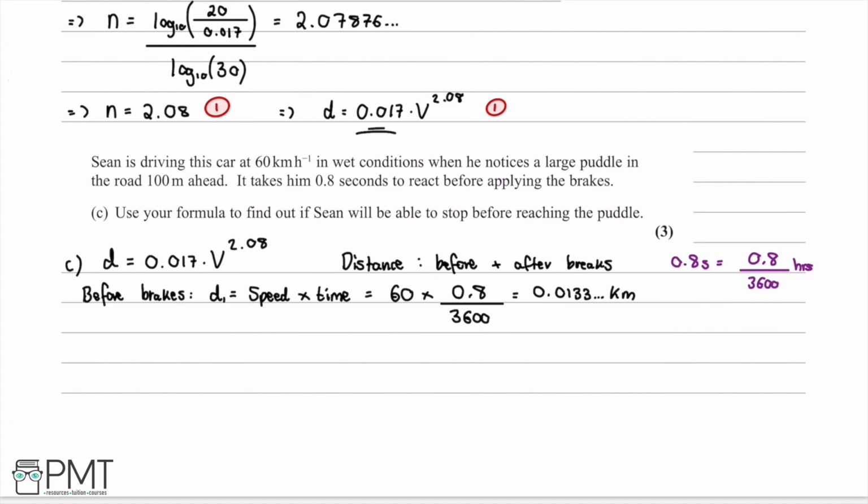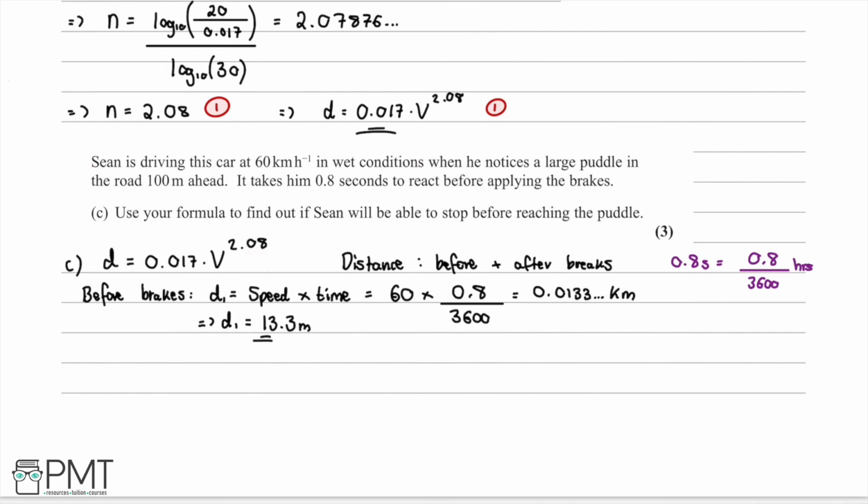So to get this into meters, we multiply by 1,000, which implies that the distance before the brakes are applied that the car covers is going to be 13.3 meters.